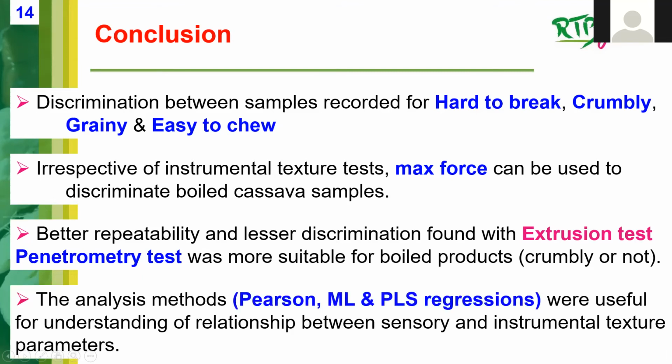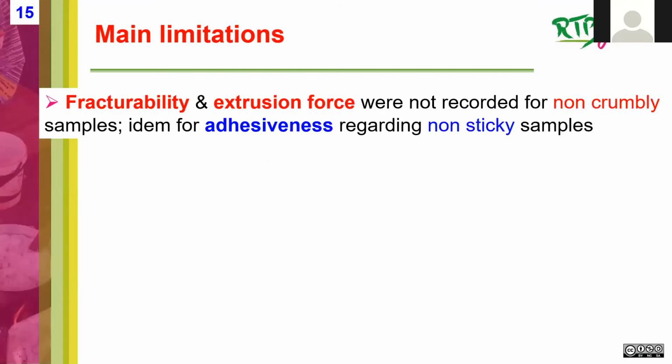The data analysis methods used, Pearson correlation test, multiple linear regression, and partial least square regression, were useful for understanding the relationship between sensory and instrumental texture parameters. However, we find some limits to our work, which is that fracturability and extrusion force cannot be recorded for non-crumbly samples.